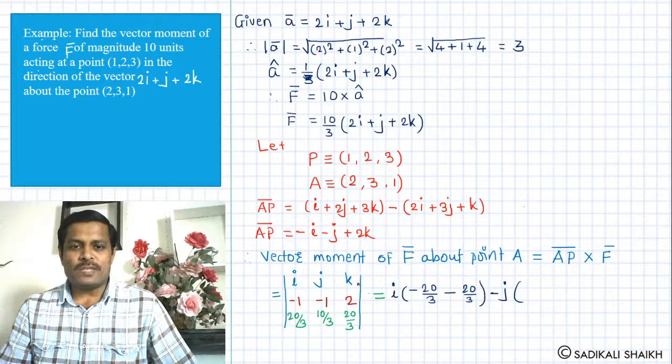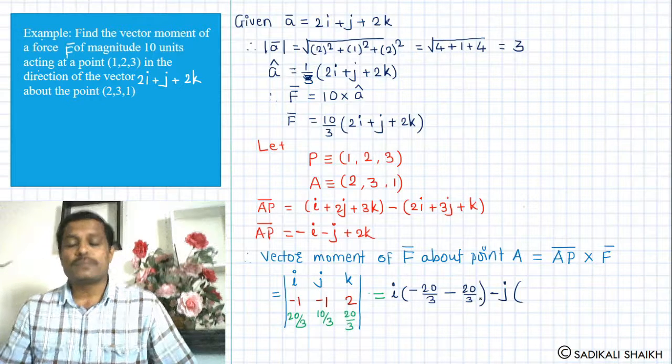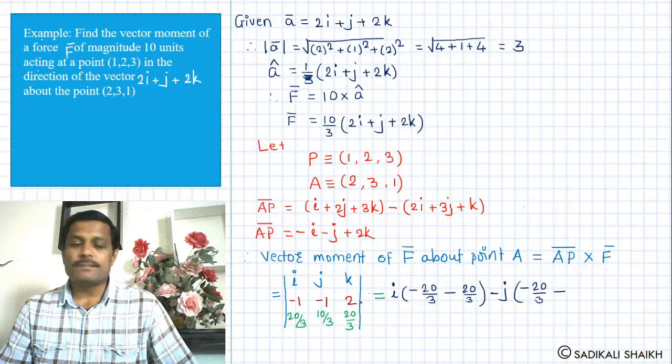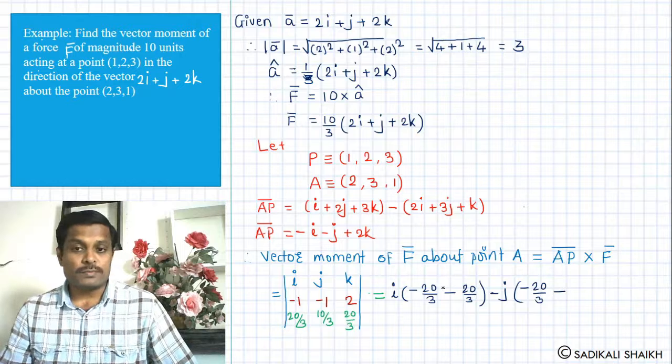While ignoring the first row and second column, you will get these 2 numbers. Now you multiply in this fashion. First multiply minus 1 into 20 upon 3, that is minus 20 upon 3. Give the minus sign according to the rule of determinant. Now you multiply this. This is 40 upon 3.